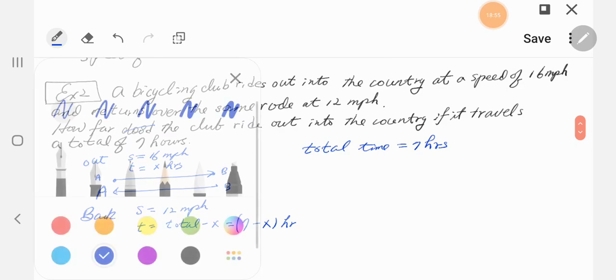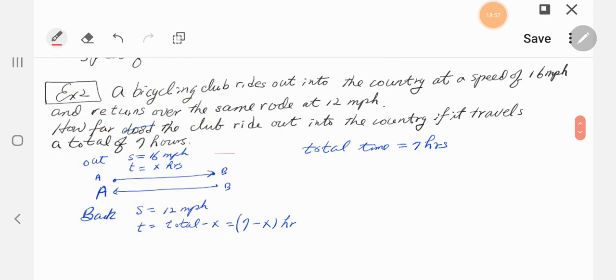All right, then the distance. Okay, so from here, this is important. So using the distance formula, distance going out, the distance formula is s times t, right? And then here, the distance when you return is also speed times t.